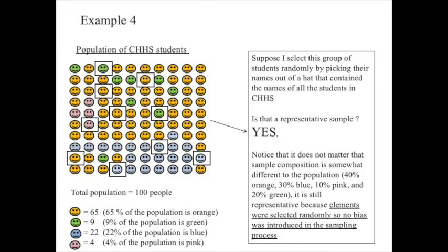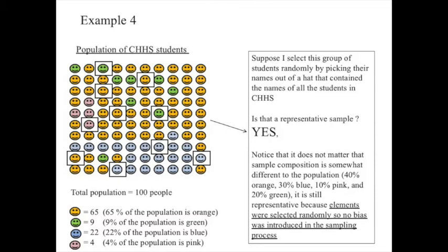Now, this sample that I randomly selected looks different than the population. For example, 40% are orange in our sample, but in the population, 65% are orange. That doesn't matter. If they don't look exactly the same, that doesn't matter.